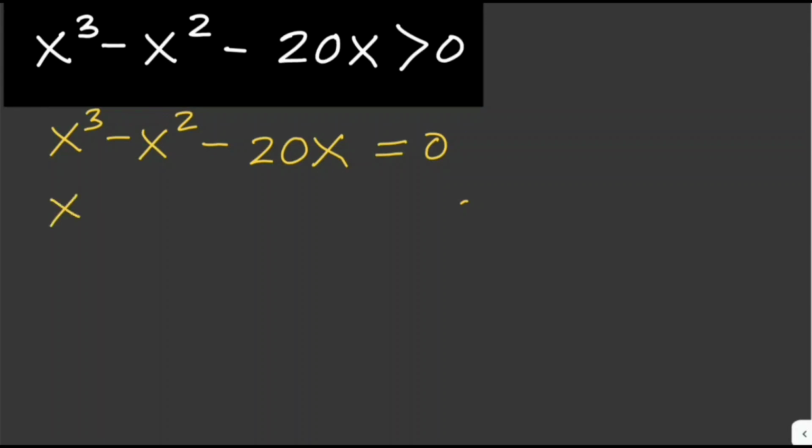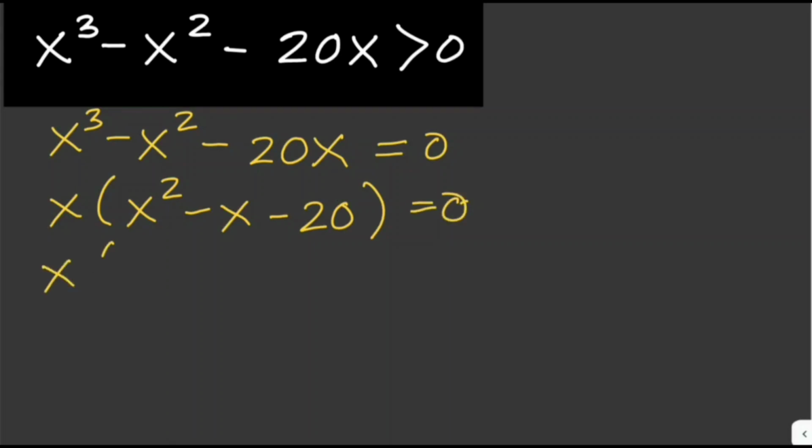We can factor out x, and we are left with x squared minus x minus 20 equals 0. And then we can factor x squared minus x minus 20. We'll look for factors of 20 that when we multiply them equal negative 20, and when we add them equal negative 1, because the coefficient of the middle term is negative 1.